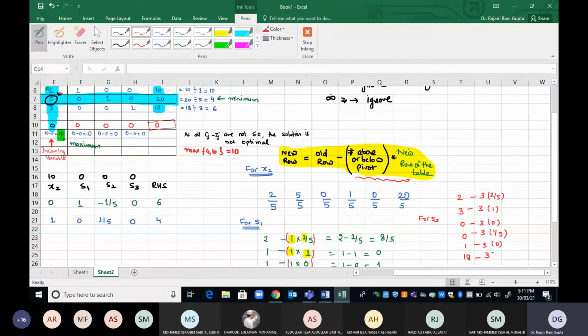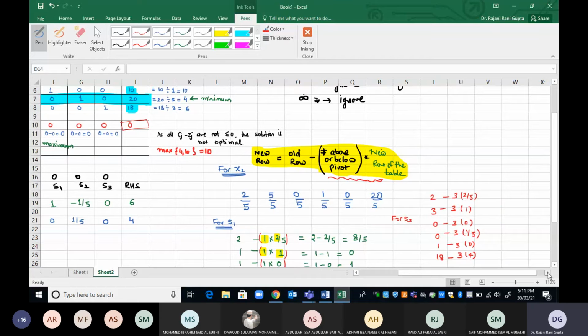So it is 2 minus 6 over 5. 10 minus 6 is 4. That's what I'm saying, you can even use a calculator to put it in decimal. It's fine. 0 minus 0 gives you 0. 0 minus 3 over 5 gives you minus 3 over 5. 1 minus 0 gives you 1. And 18 minus 12 gives you 6.